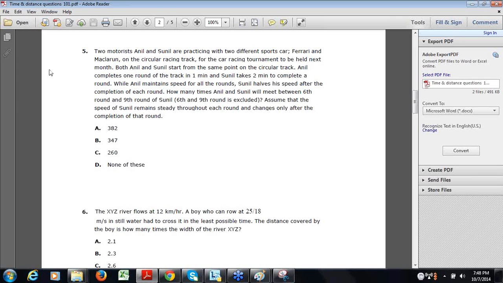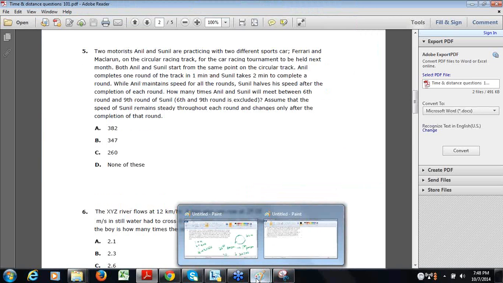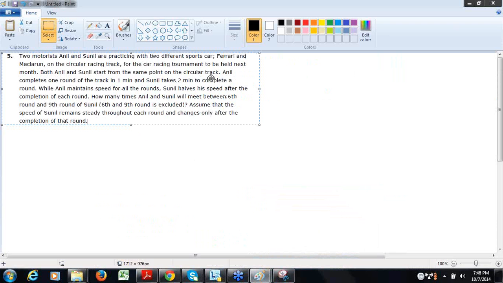Question number 5 says two motorists, Anil and Sunil, are practicing in two different sports cars, Ferrari and McLaren, on a circular racing track for the car racing tournament to be held next month. Both start at the same point on the circular track.